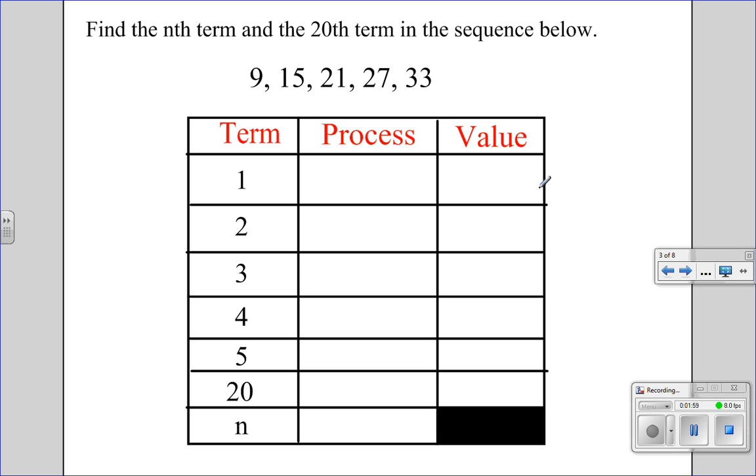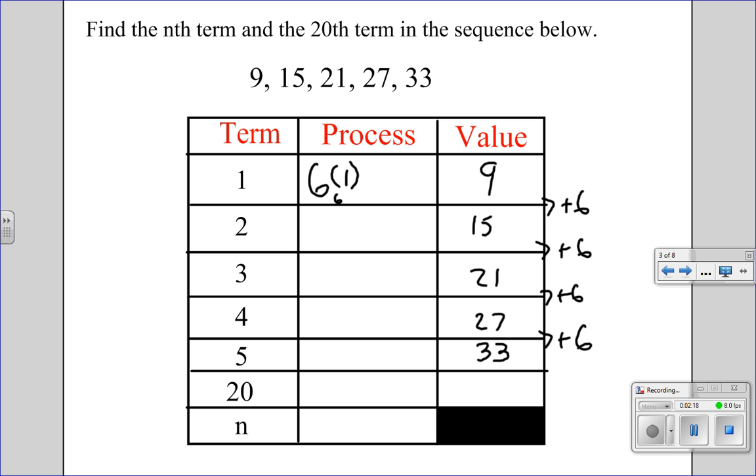Okay, hopefully on your own you're able to fill in this table. So let's do it. 9, 15, 21, 27, 33. I go up 6, up 6, up 6, up 6. So my number in front of the parentheses will be 6. So 6 times 1, that's 6. What plus 6 gives me 9? Plus 3.